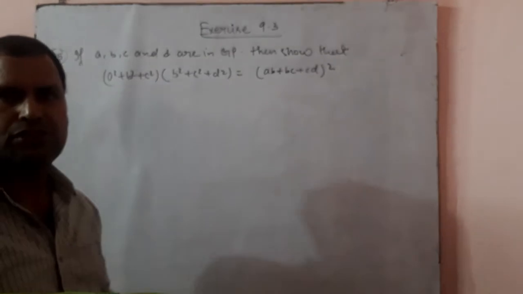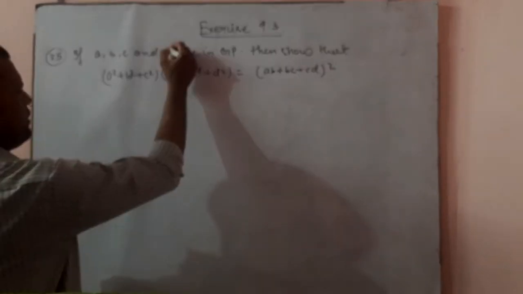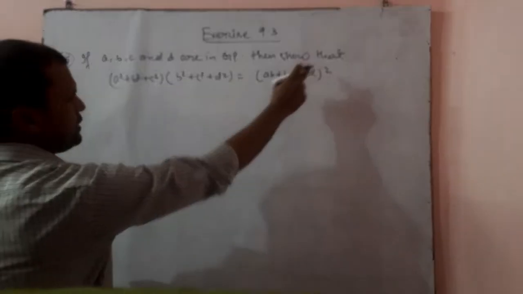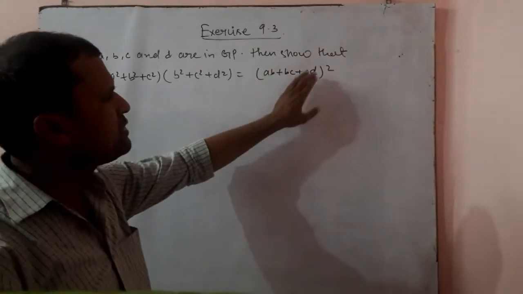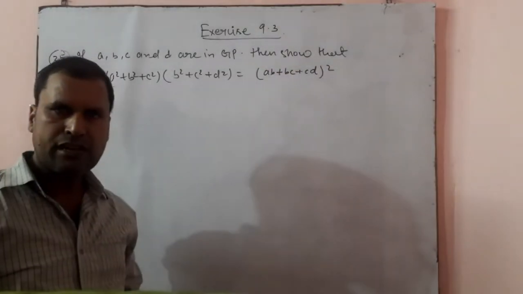This is the question. So the question is, if A, B, C and D are in GP, then prove that (A square plus B square plus C square)(B square plus C square plus D square) equal to (AB plus BC plus CD) whole square. So how do we prove that?